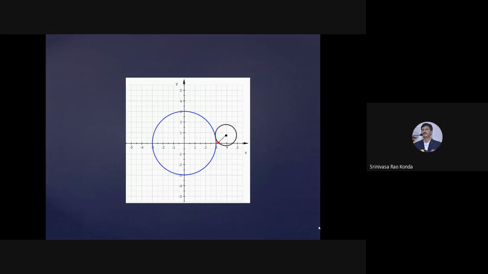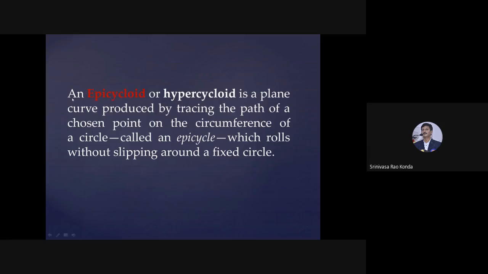For example, if you take this one, this is called the epicircle. So the locus of the point on the circumference of the circle which rolls on a circle, this curve, the red colored curve, is called an epicycloid.